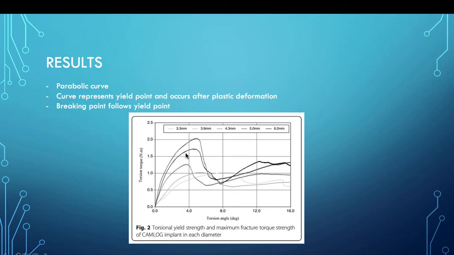When the line starts to curve, it's referred to as the yield point. It occurs after plastic deformation. With a further increase in angle, the interface reaches the breaking point here, or as we can call it, a fracture.